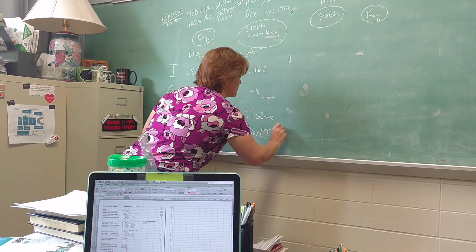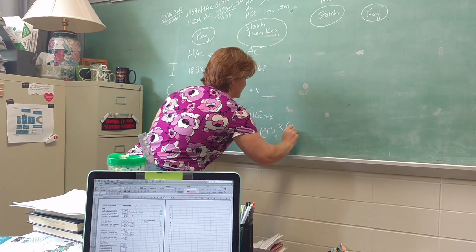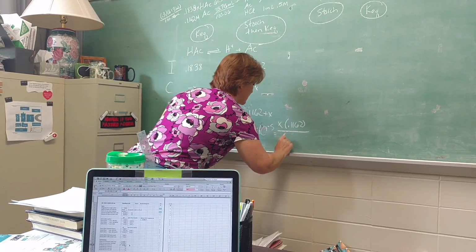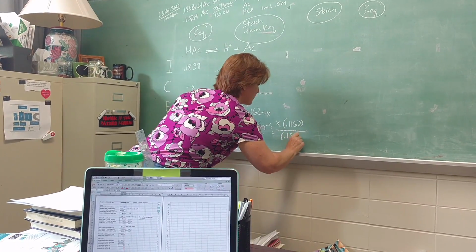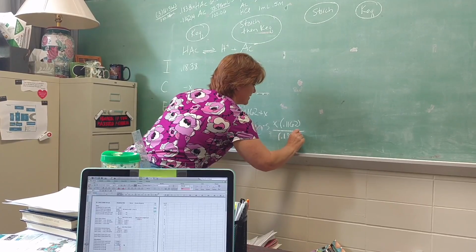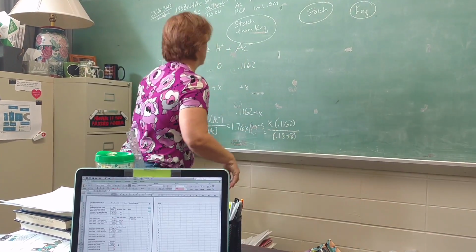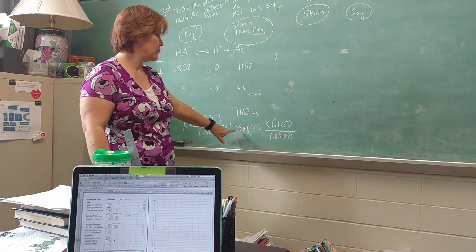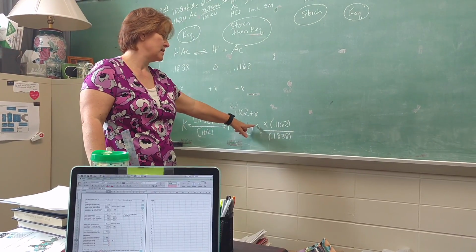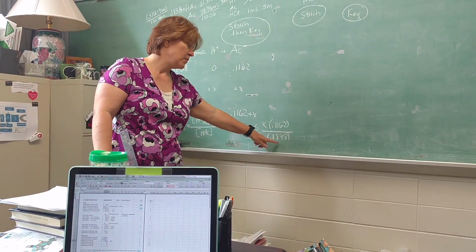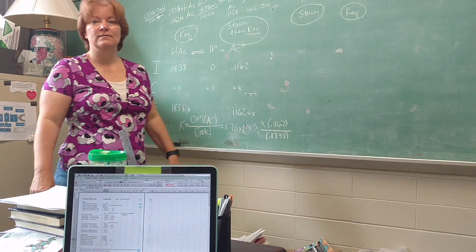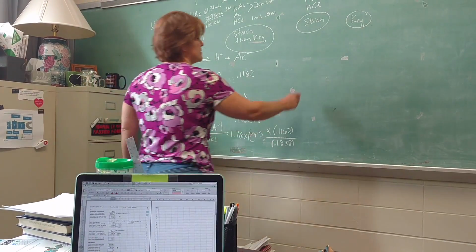It's x times 0.1162 over 0.1838. And we can solve for this. So I'm just going to take 1.76 times 10 to the negative 5, multiply it by 0.1838, divide it by 0.1162. So I can do that, or I could have used the Henderson-Hasselbalch.